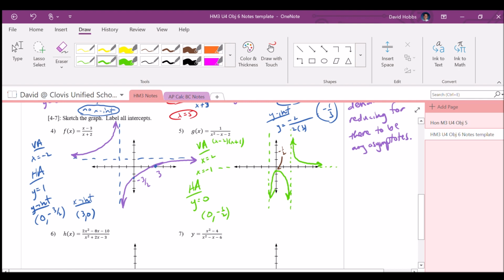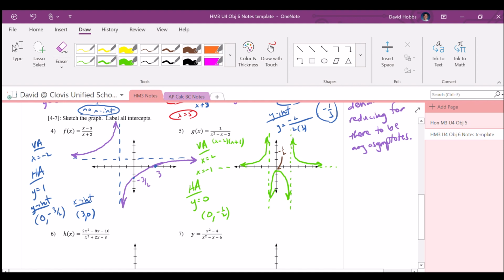Now we're going to do a similar thing out here to the left, so plug in something like negative 2. So if I plug in negative 2, now negative 2 squared is positive 4, minus a negative 2, so 4 minus a negative 2, that's 6, minus 2. Again, you're positive, so we're above, so we must be coming from up high, going to elevation 0 as we go out there to the left.